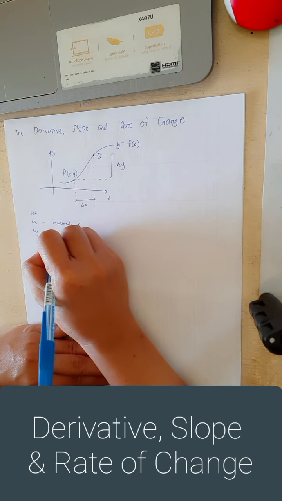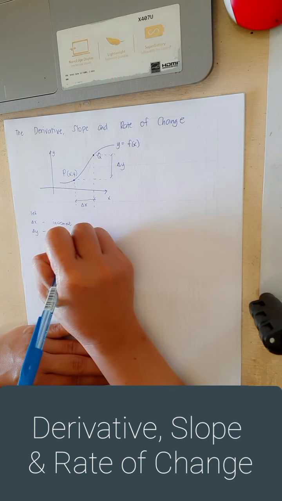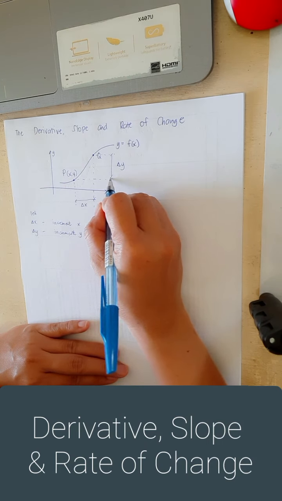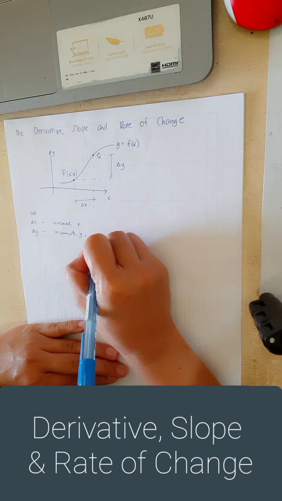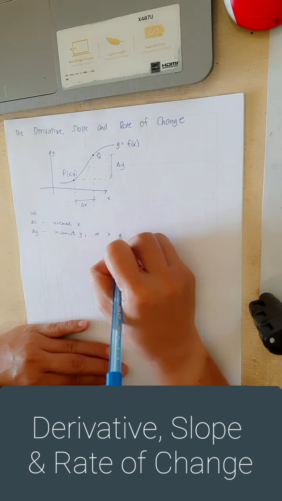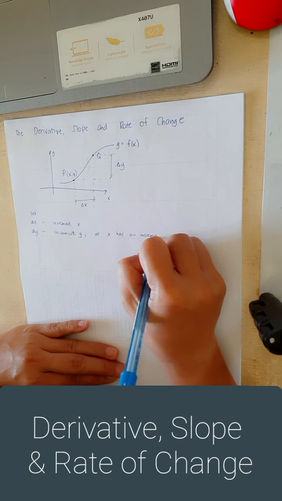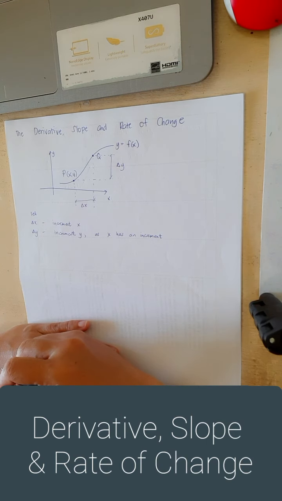Let that be delta y. Of course, there will be an increment of y as our x has an increment. Okay?